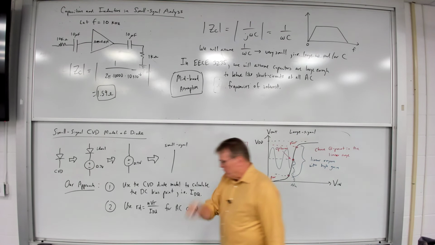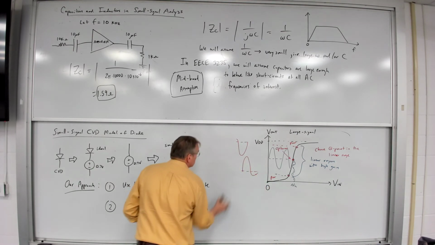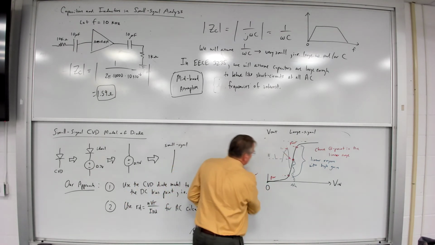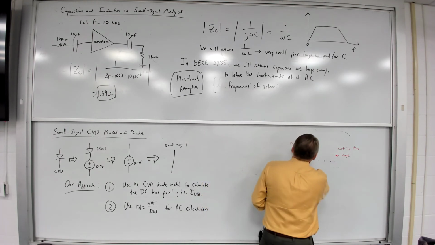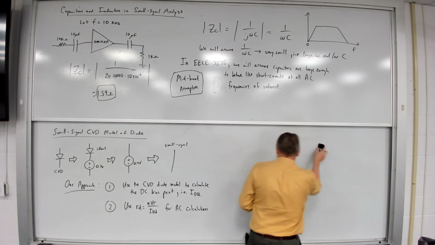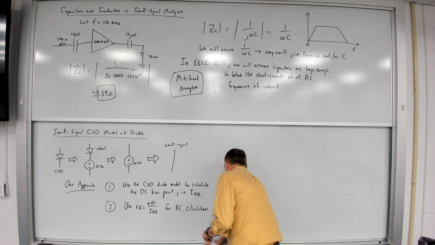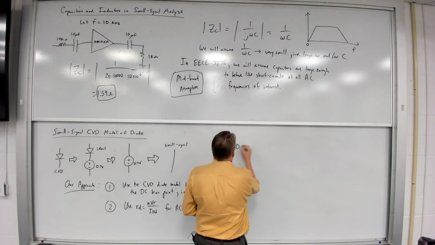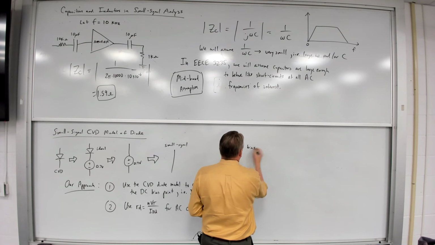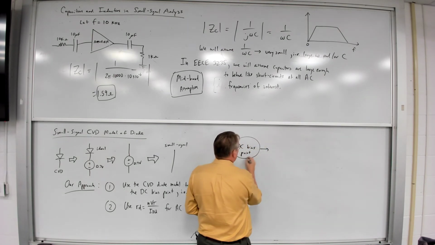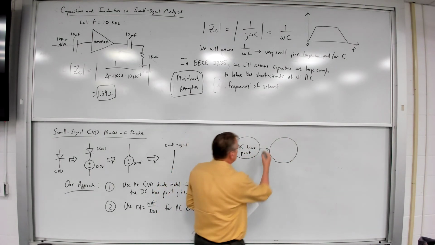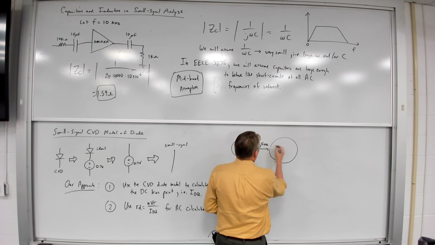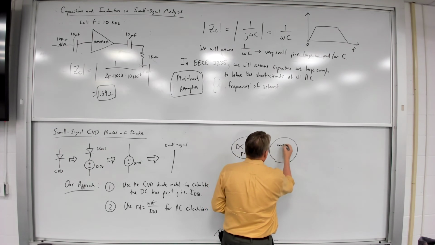Now, I want to point something out. In the example we just did, we did a DC bias point calculation. Then from the DC bias point, we plugged our IDQ value into our small signal model.